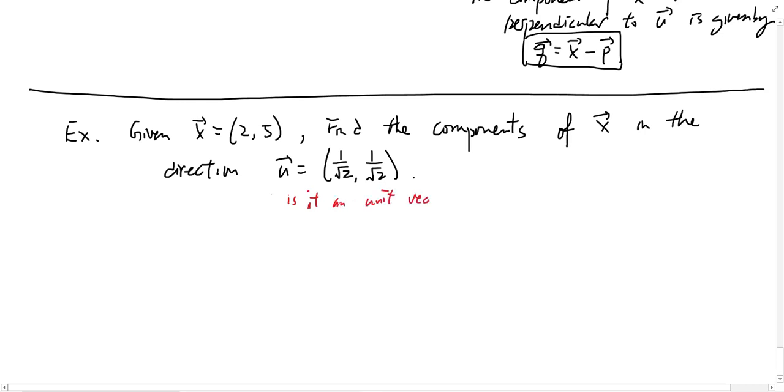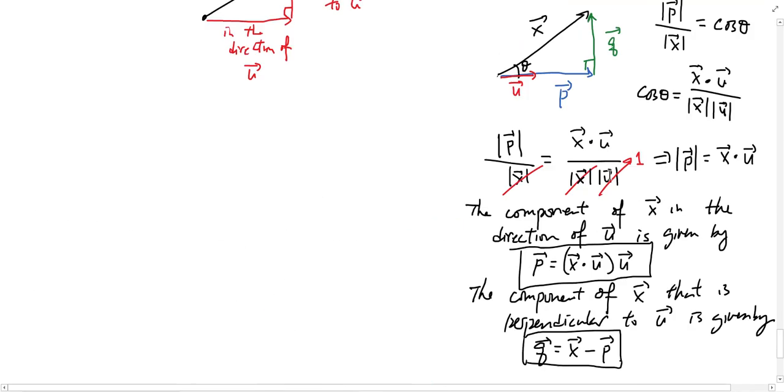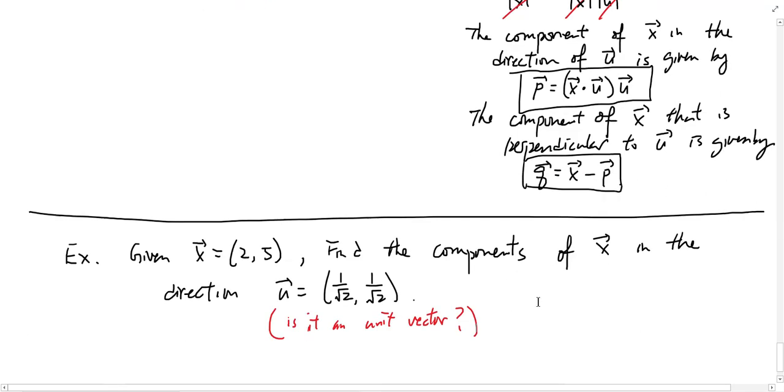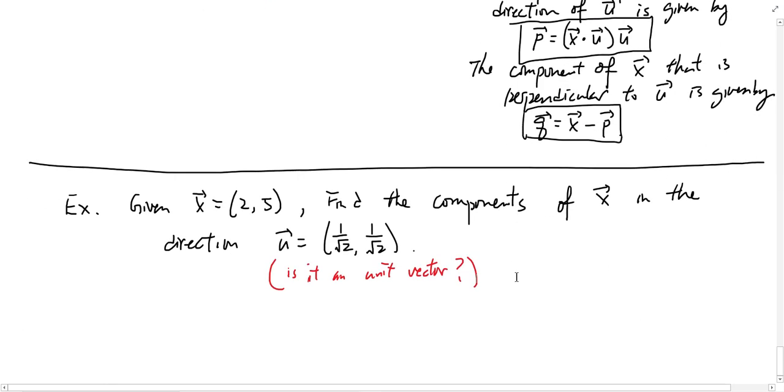That is a question you always have to ask, because if you don't, you're going to mess up your math. You need the direction you're given to be a unit vector, because otherwise, when we do this process right here, this is not going to go away, because it becomes some actual numbers. So we need that to be a length of 1.